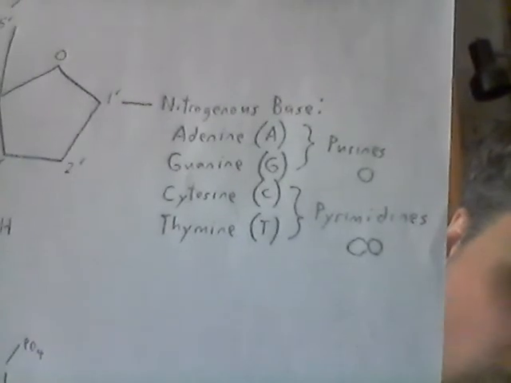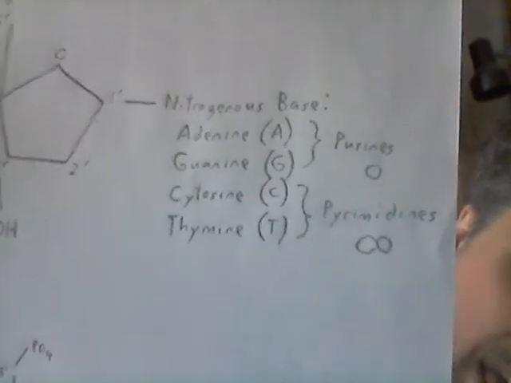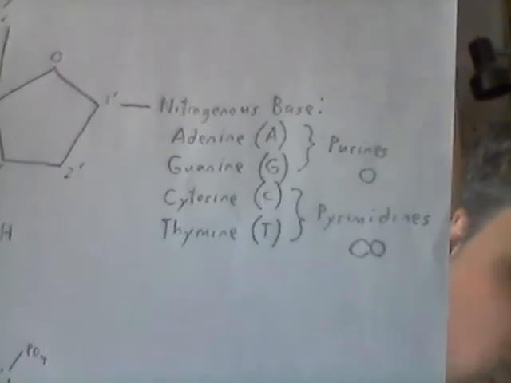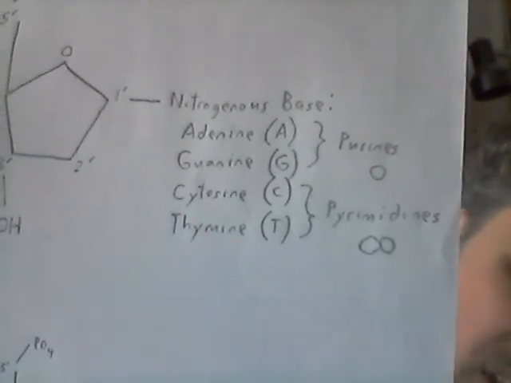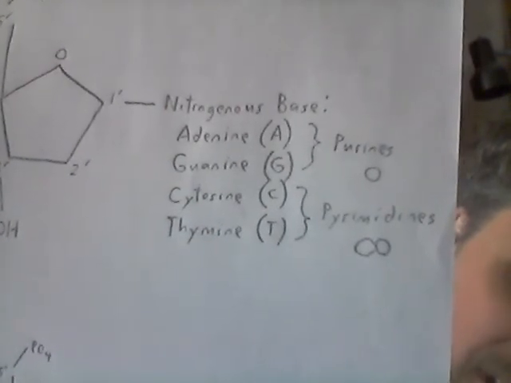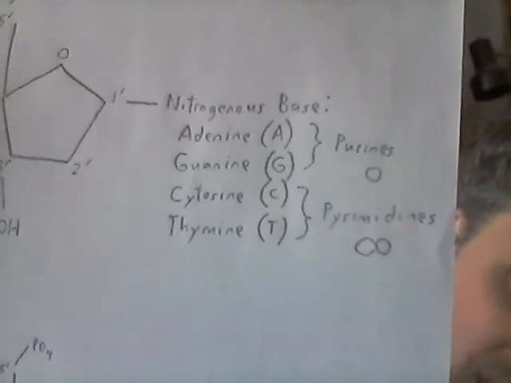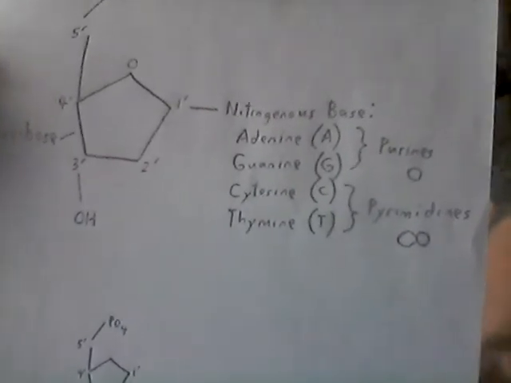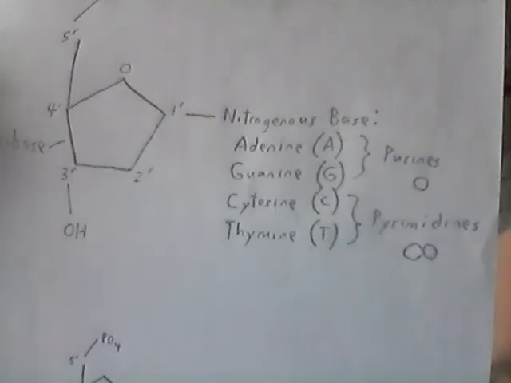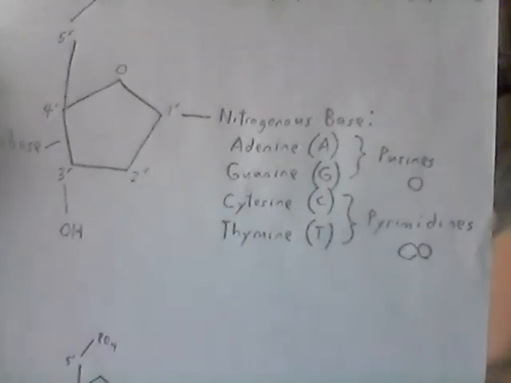Purines: adenine and guanine. Pyrimidines: cytosine and thymine. Purines have a larger double ring chemical structure, and pyrimidines have a smaller single ring structure.